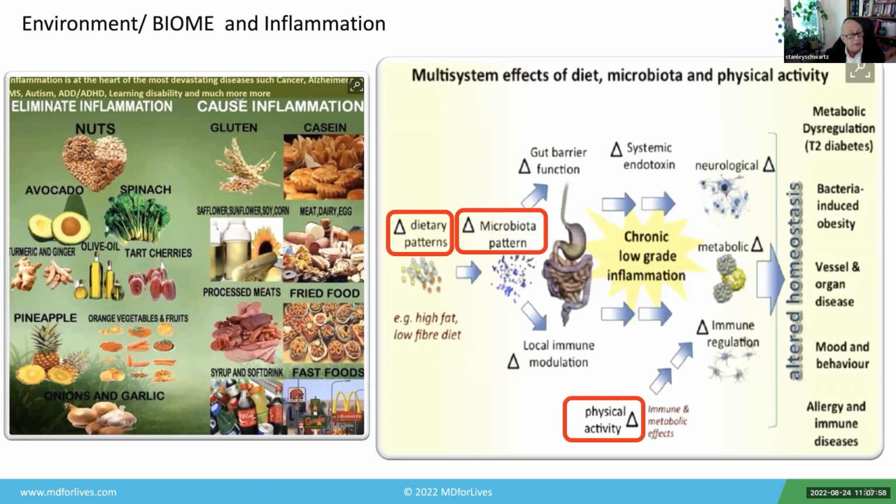Here you can see, in terms of environment, some foods are good for you and eliminate inflammation, and some foods cause inflammation. Dietary patterns can affect the microbiota pattern in each individual, and that affects low-grade inflammation, secretion, and insulin resistance. Physical activity also affects these processes as well. And this is all environment related.